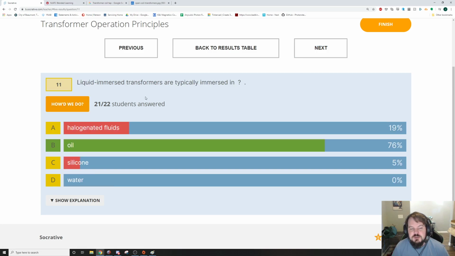Liquid immersed transformers are usually immersed in oil. Usually it's mineral oil, but sometimes they use specialty oils. Mineral oil is non-conductive and readily available. You go to the store and get it right now, probably.